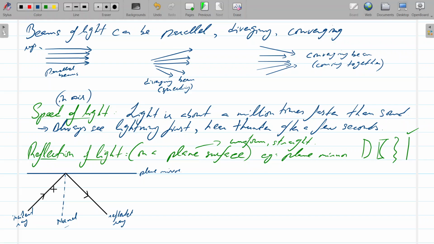Then you have the angle of incidence, given with a lowercase i, and the angle of reflection, given with a lowercase r. Let's talk about what these are. First of all is the normal.